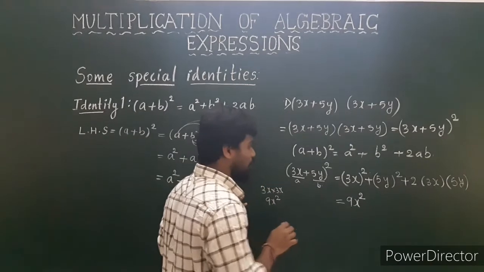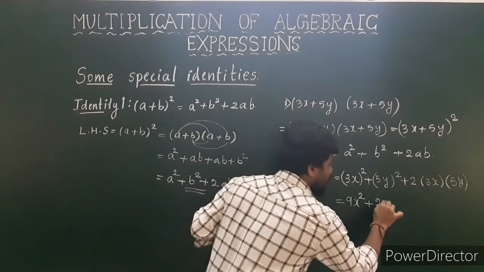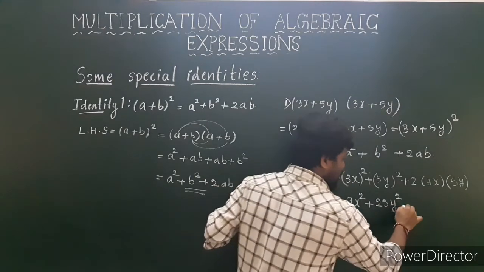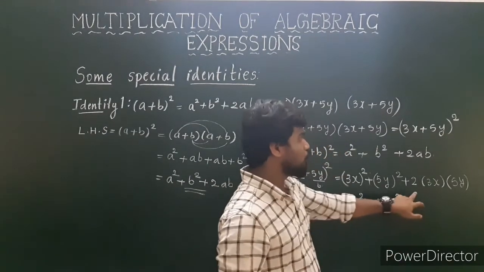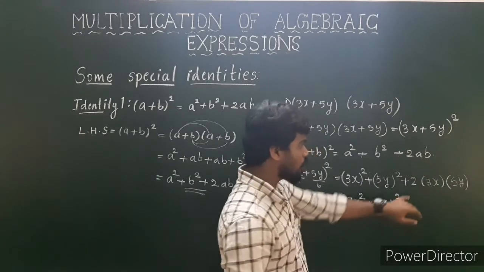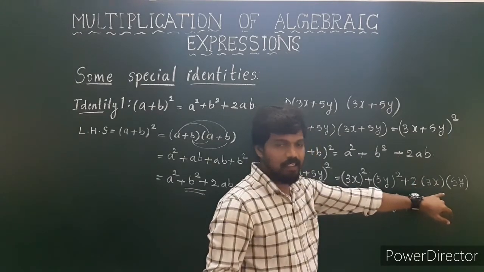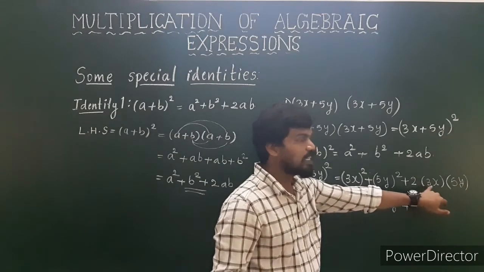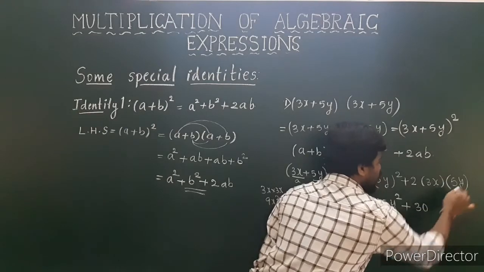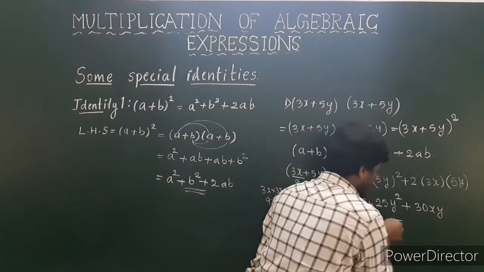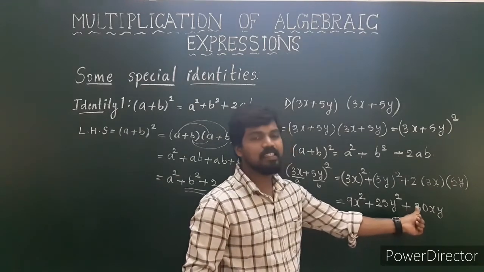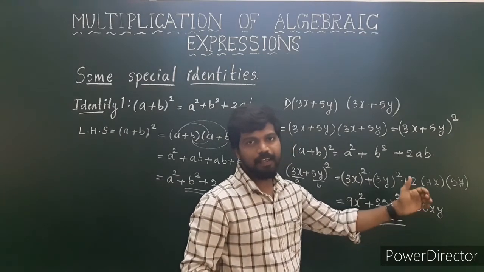So 5 5s are 25, y into y, y square. Now multiply this one: 2 3s are 6, 6 into 5, 30. So multiply all the numericals: 2 3s are 6, 6 5s are 30. The remaining x into y, xy. The final answer we have: 9x square plus 25y square plus 30xy.